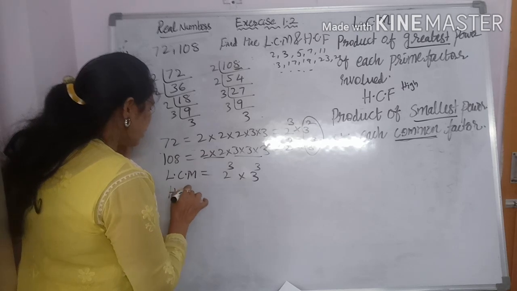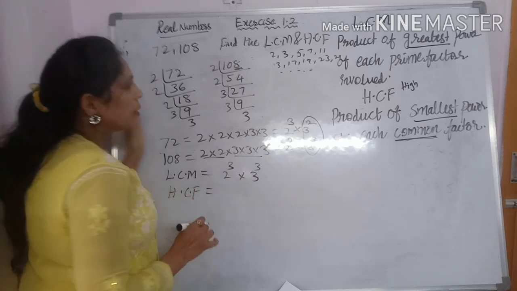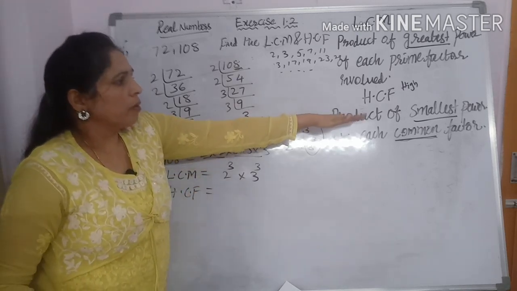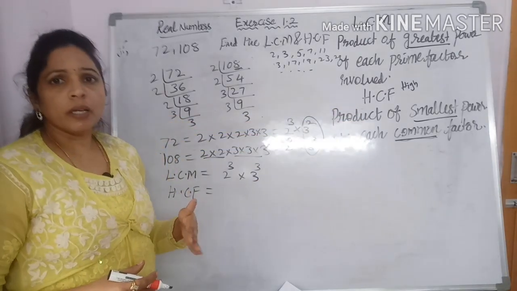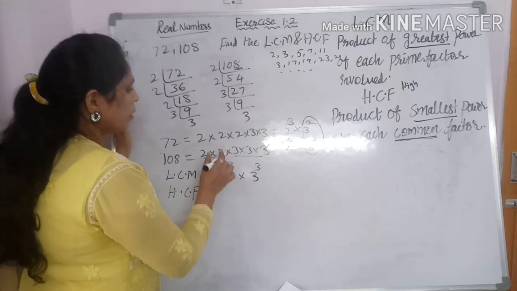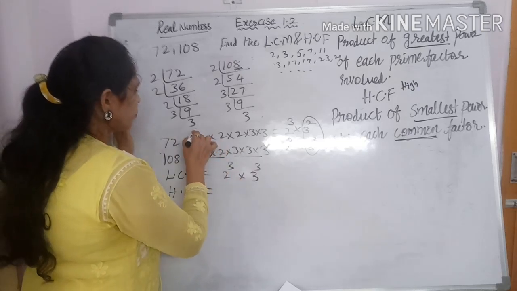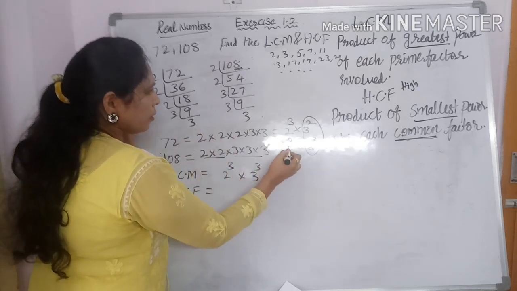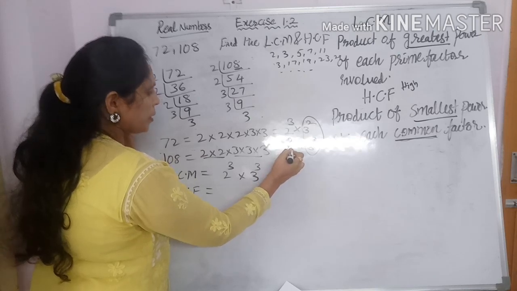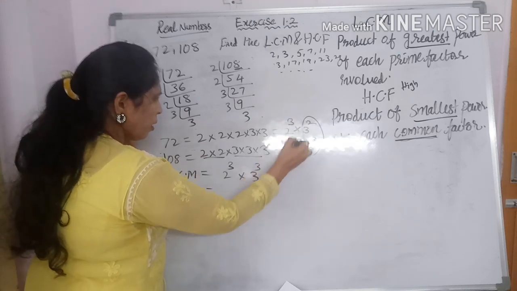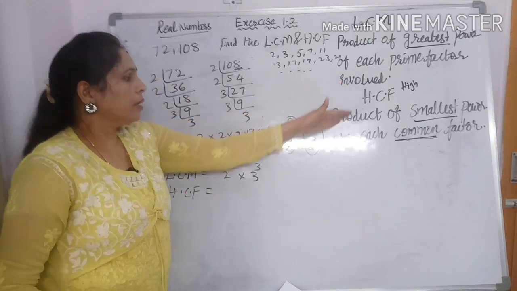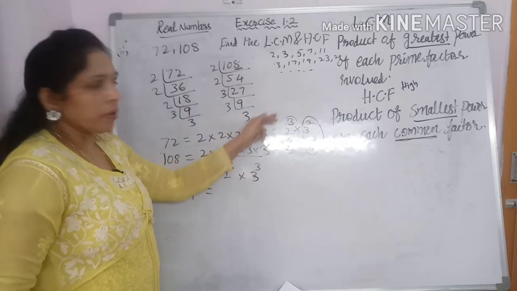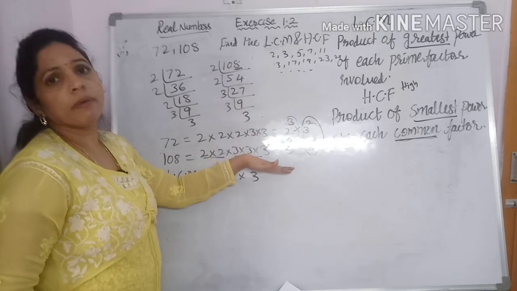Then what is our HCF? HCF means product of the smallest power of each common factor. First we should find out the common factors. Which one is common? For finding the highest common factor, we should take the smallest power of common factors.